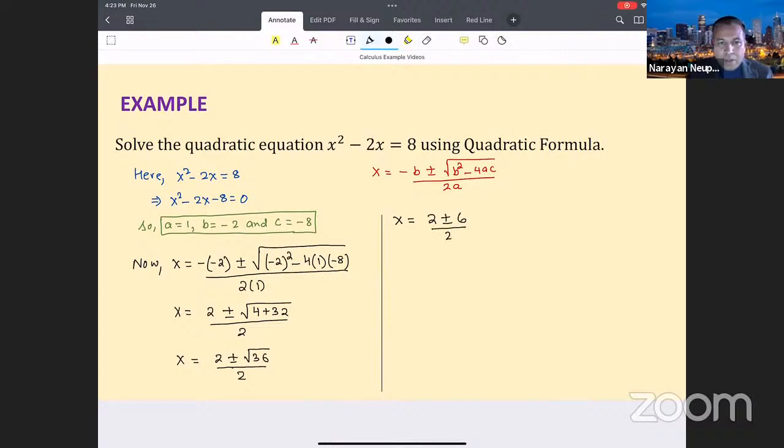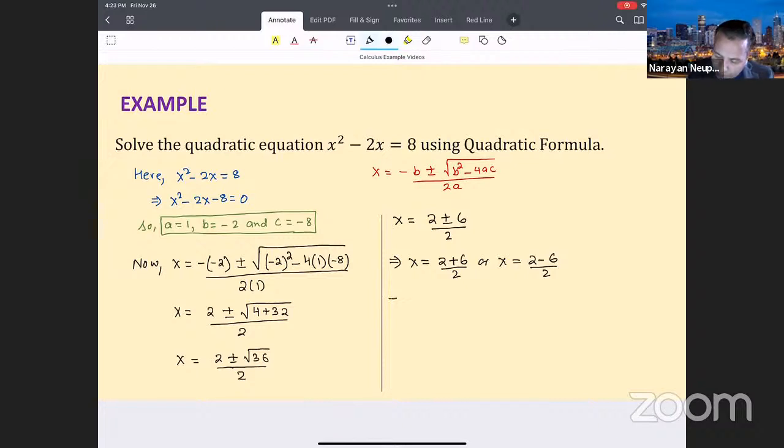So we get x equal to 2 plus or minus 6 divided by 2. So meaning of that is x is equal to, if you take the plus sign there, it is 2 plus 6 over 2. Or the other possibility is x equal to 2 minus 6 over 2. So when you take positive sign, this is what you get. And if we take negative sign, this is what we get.